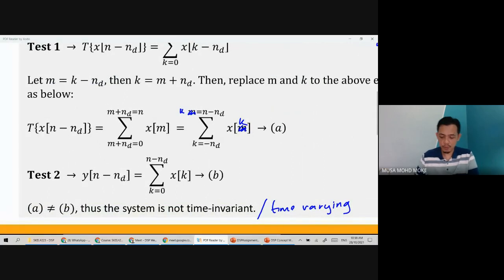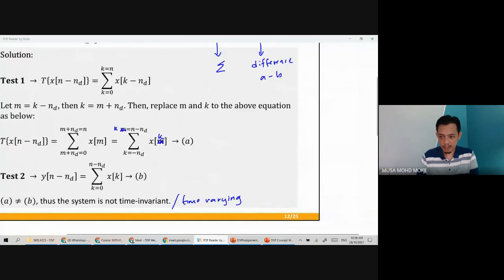This one is supposed to be k, because actually I'm replacing all m here, so it becomes k. So we can compare that this is k. Thank you. So this is not m, this is k. If you put m here, then this one will be m. I'm just changing the variable only, so you can use any variable, no problem. Any other questions?